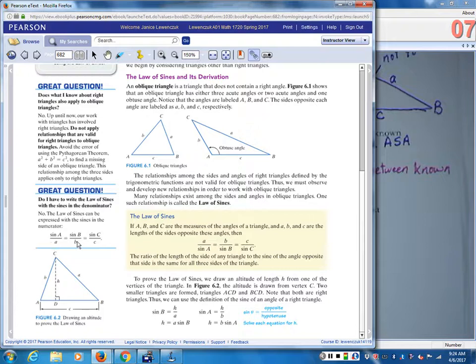No, you can flip them all. It's easier to solve if your unknown is in the top left, so you can flip these things, as long as you flip them all. Okay? So this book is really good.